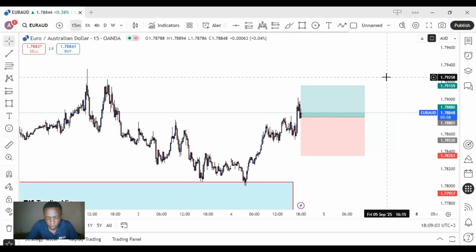I'll add one more position on that. Stop loss will be 1.78351, and my take profit will be 1.79159. I'll buy.